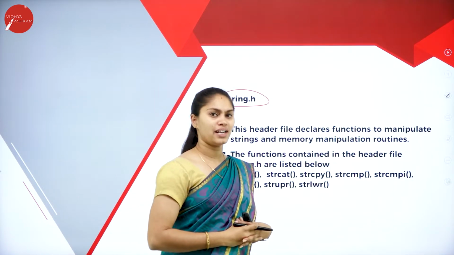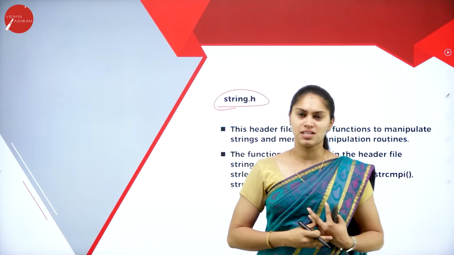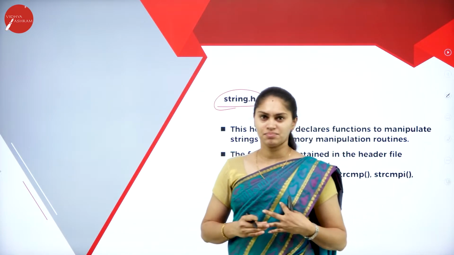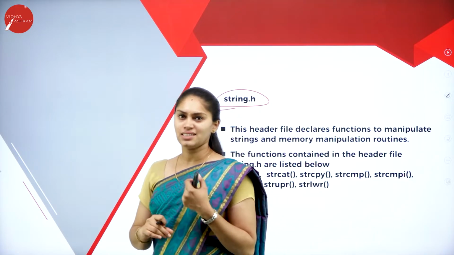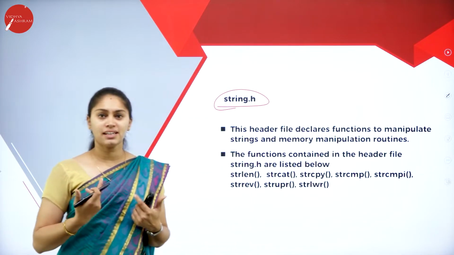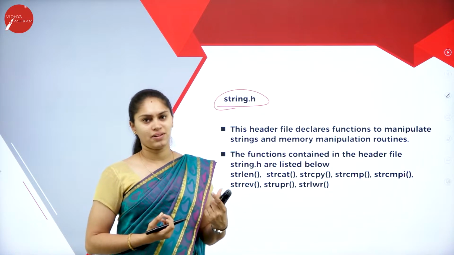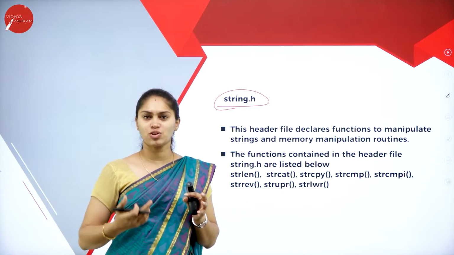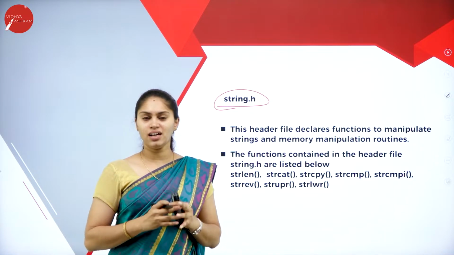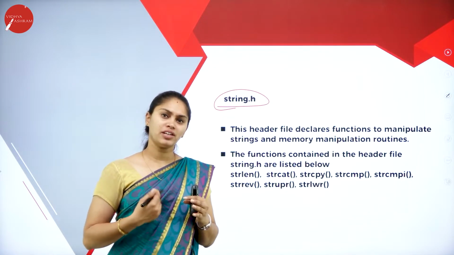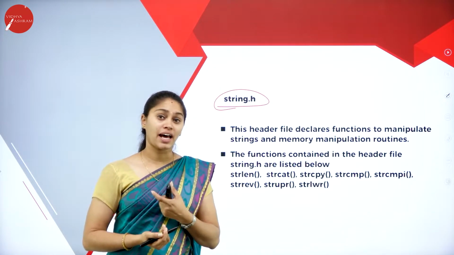As we all know, if you just recall the data types, there we have character, right? Character is nothing but a single letter. If I wanted to have a sequence of characters, then we have to use string. There is no data type called string in C++, but if I wanted to have one, then I have to take an array of characters.